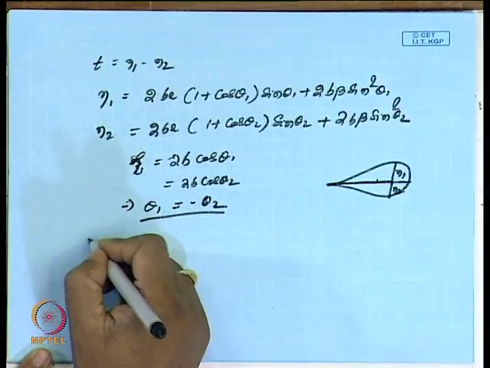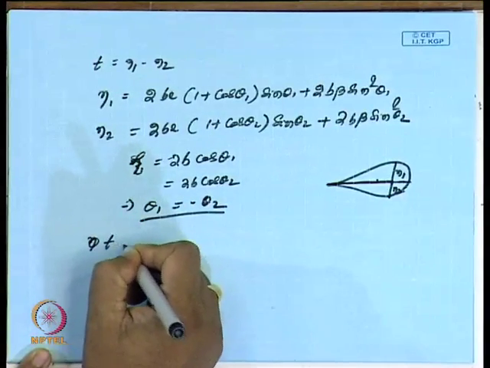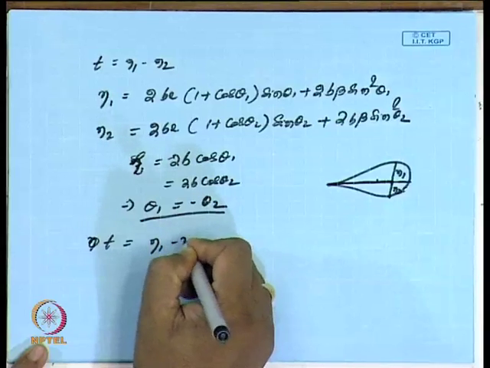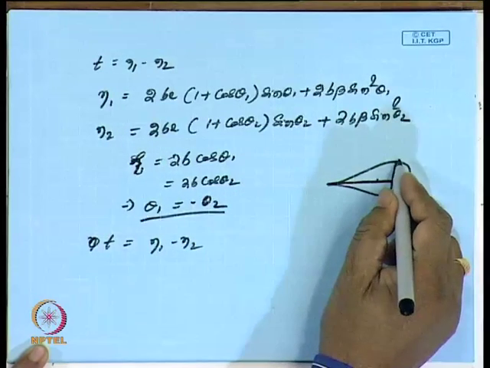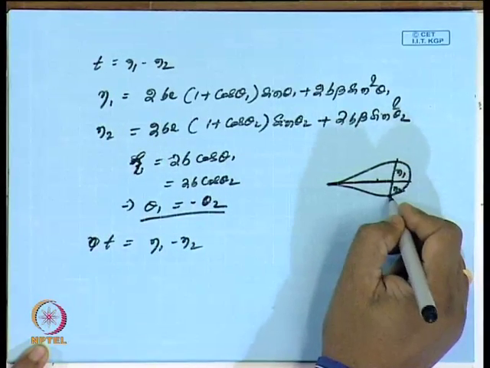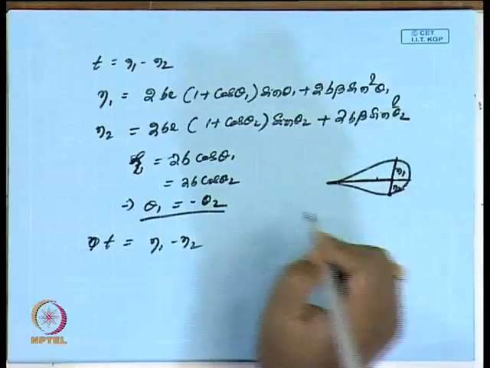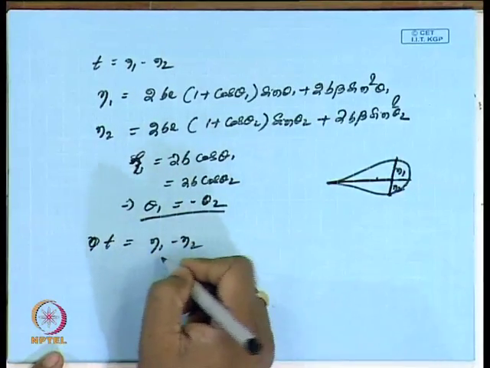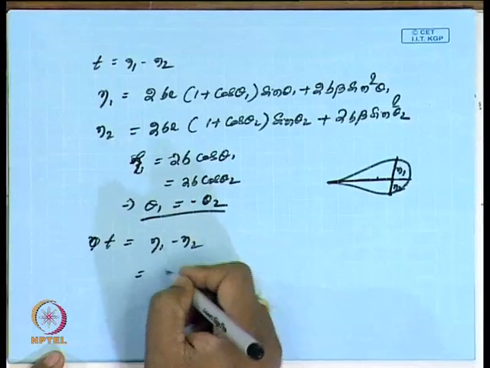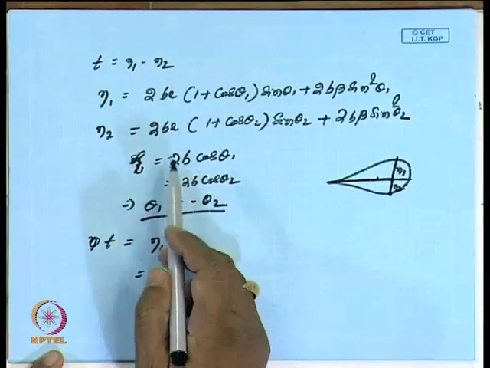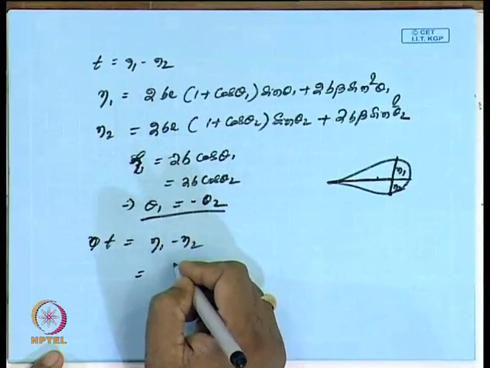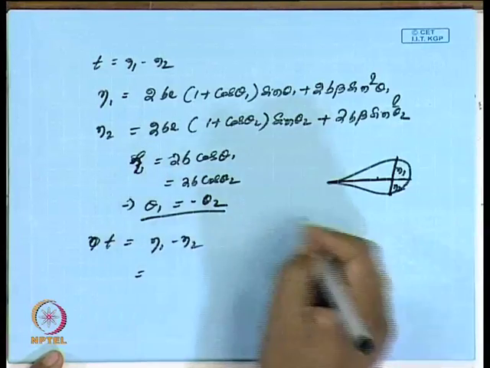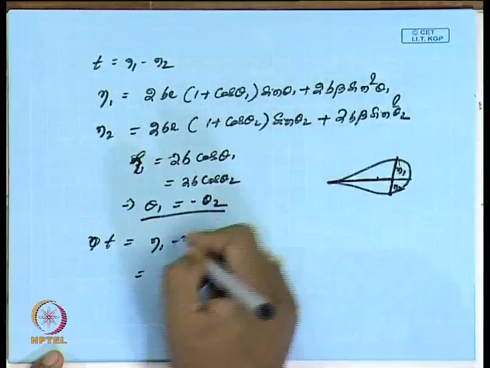So in that case my t will be eta 1 minus eta 2, because this distance minus this is the total distance. Rather it is eta 1 plus eta 2, this is eta 1, this is eta 2.